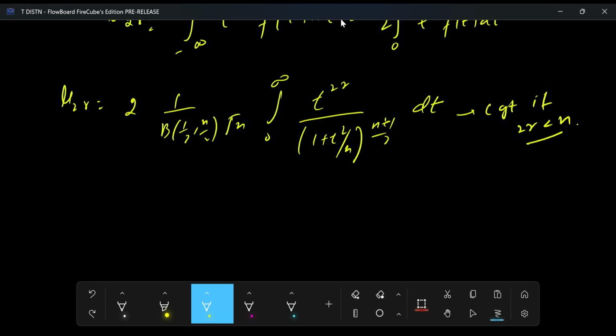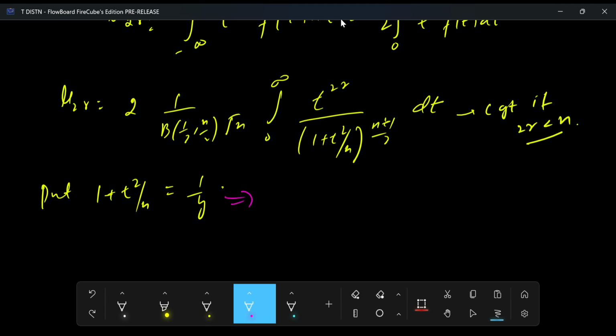Then put 1 plus t square upon n equal to 1 upon y. From this, find the value of t square, that is, t square is equal to n times (1 minus y) upon y.